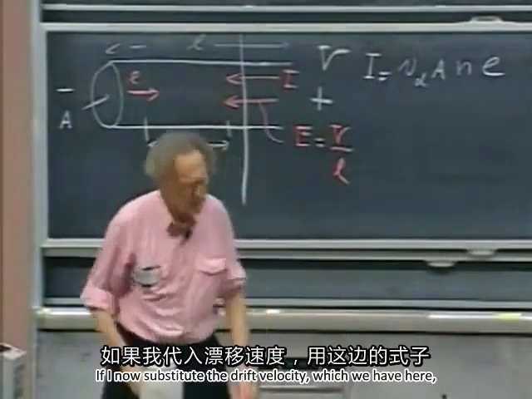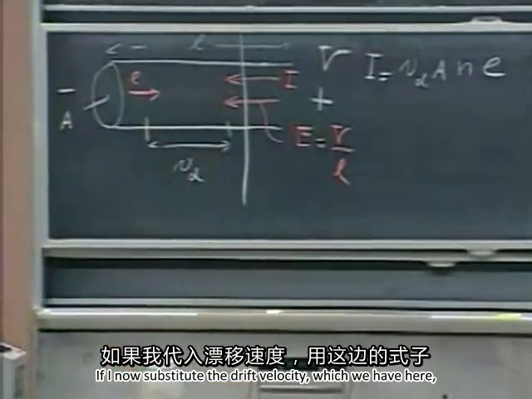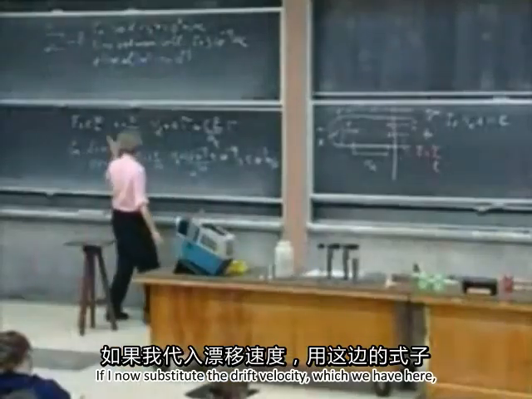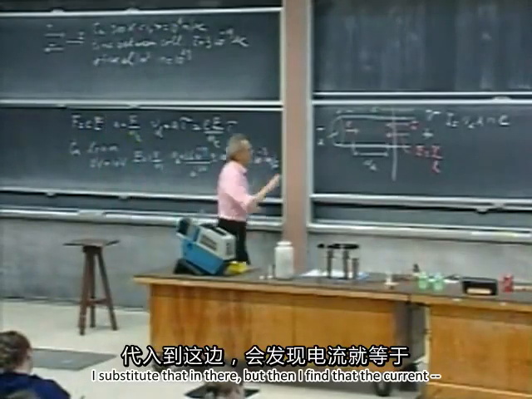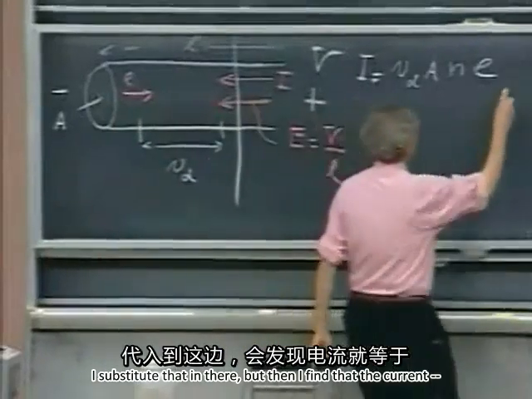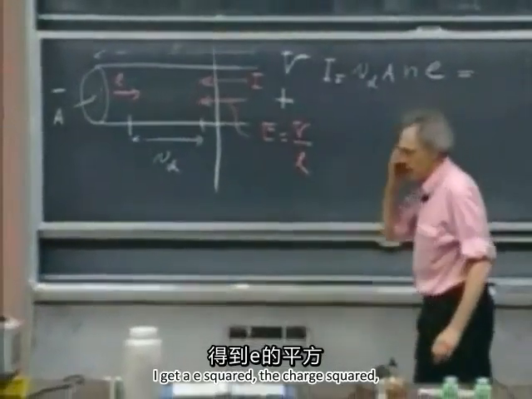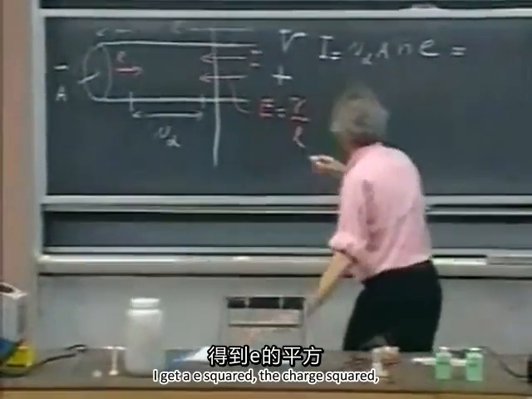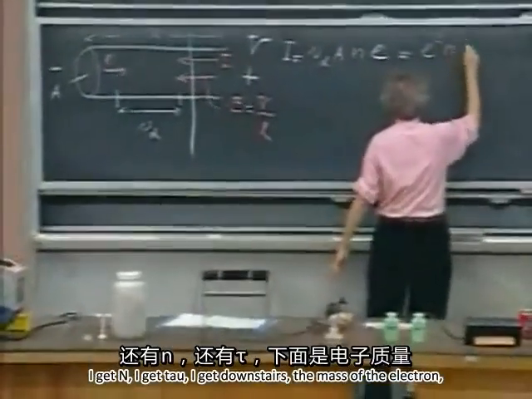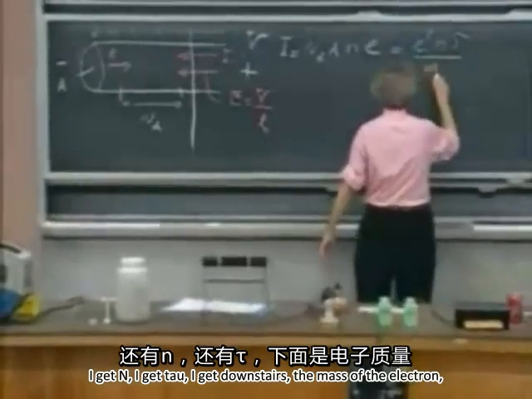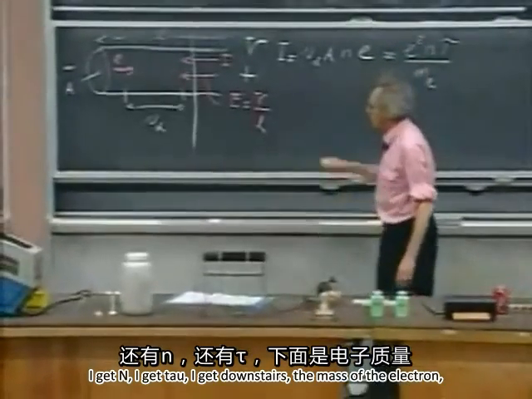If I now substitute the drift velocity, which we have here, I substitute that in there. Then I find that the current, I get E squared, a charge squared. I get N. I get tau. I get downstairs the mass of the electron.